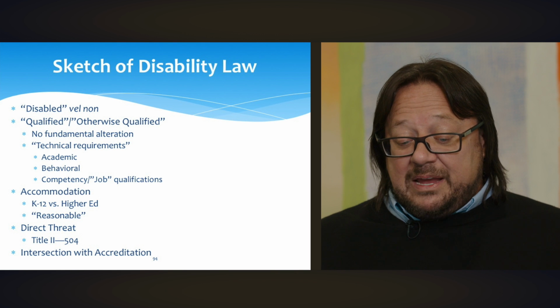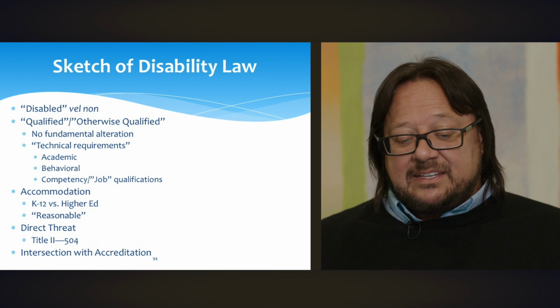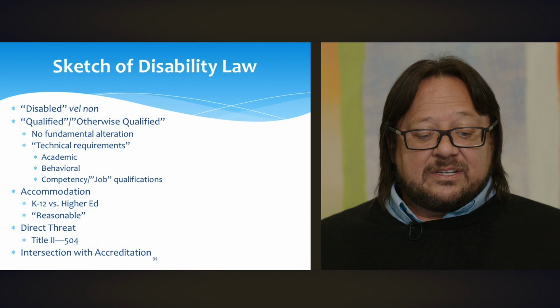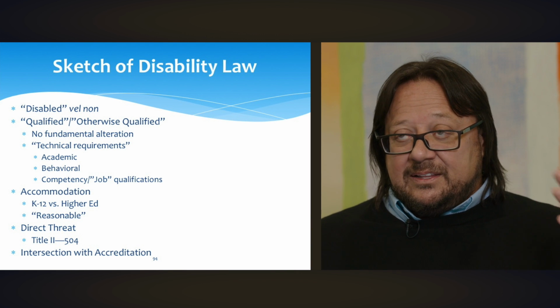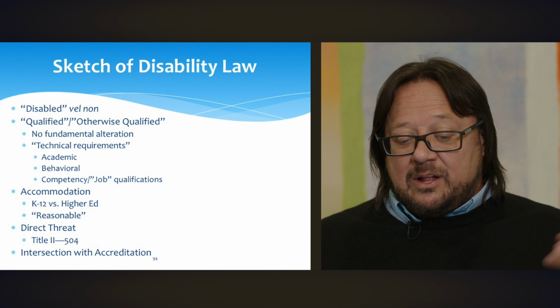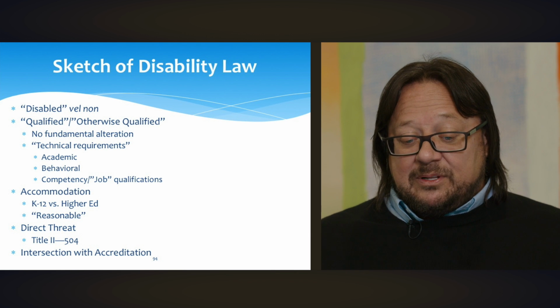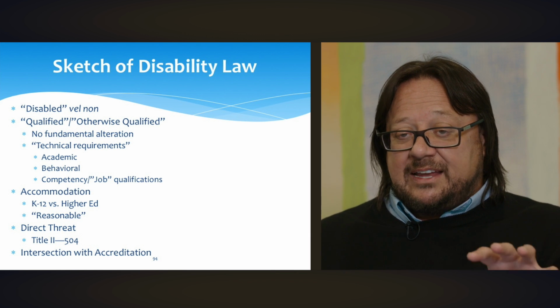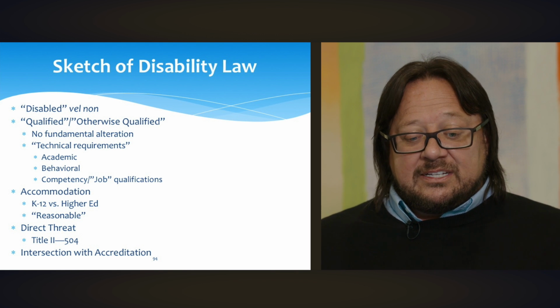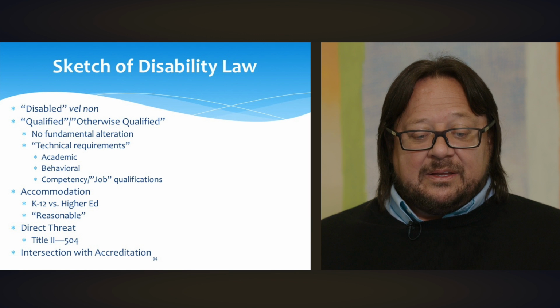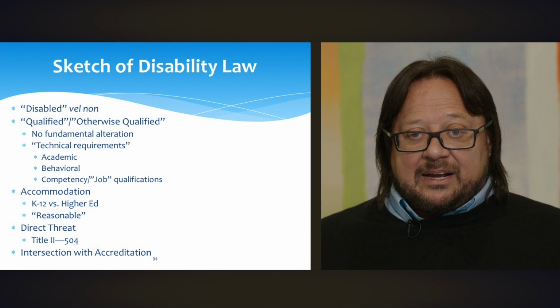Now, you might have heard some debate about this, and in fact, this has been in transit the last few years: so-called direct threat analysis. So let's assume someone is disabled, they're qualified, you've given them a reasonable accommodation, but they now present a direct threat. Disability law typically allows you to disassociate someone from a program if they present a direct threat.